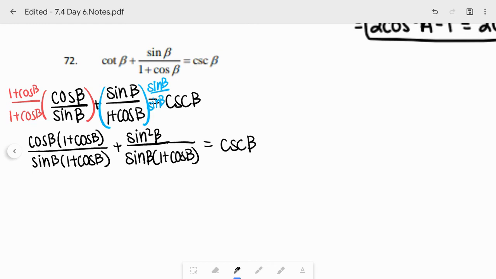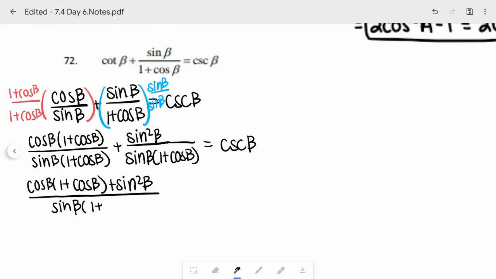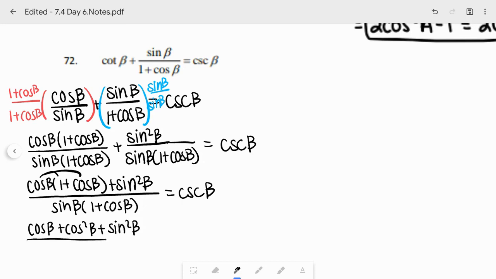Okay, now I can add these up. So when I do that, I am going to have cosine beta times 1 plus cosine beta plus sine squared of beta over our common denominator. Okay, now I'm just going to distribute this cosine. So I've got cosine of beta plus cosine squared beta plus sine squared beta over common denominator.